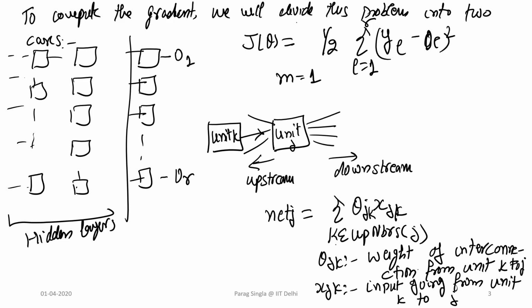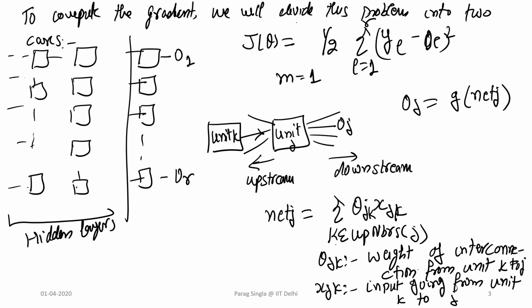And we'll define net j as the net linear combination coming into unit j, or you can also think of it as the net linear combination that this unit computes. Also we will refer to the output of unit j as oj, where oj, it is not very difficult to see, will be g of net j. Why is that clear?